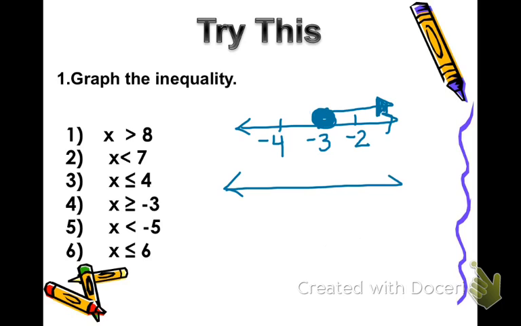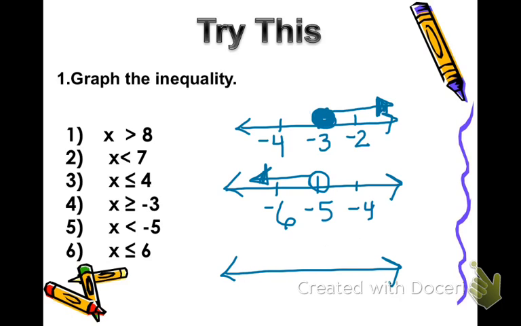For x is less than -5, it's an open circle, and it points left. And finally, x is less than or equal to 6. And it's closed and points left.